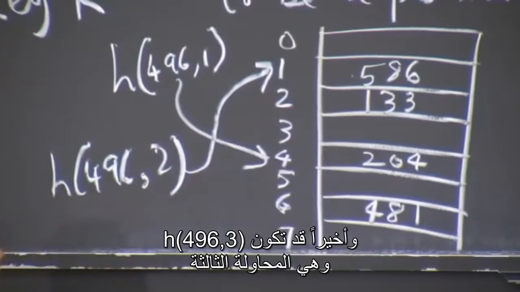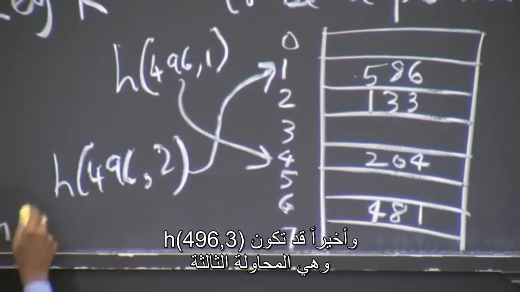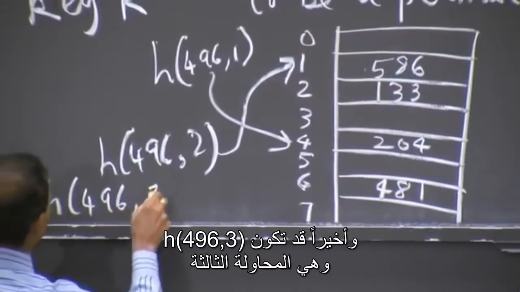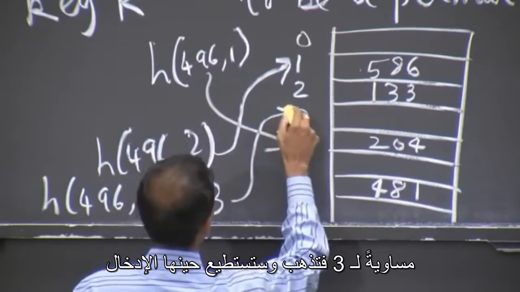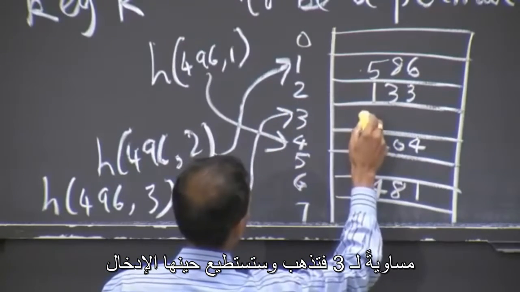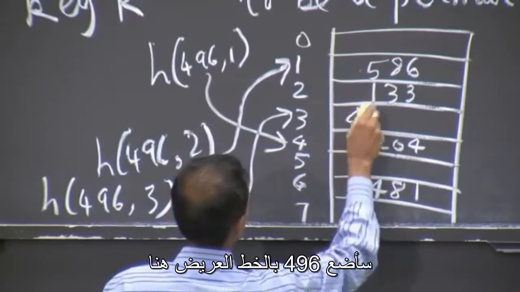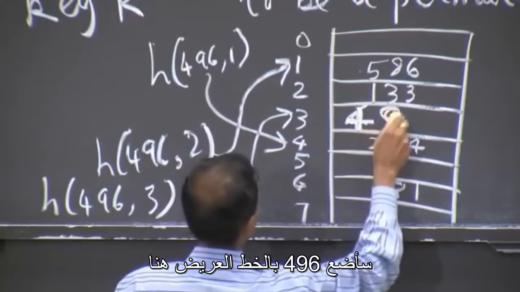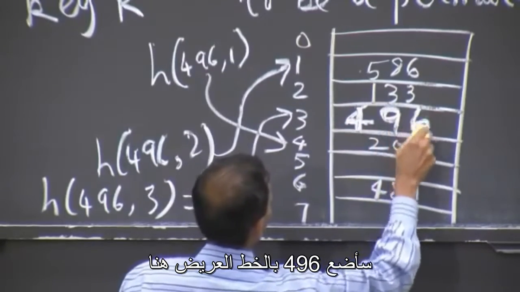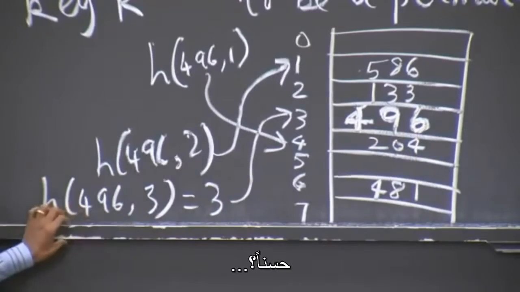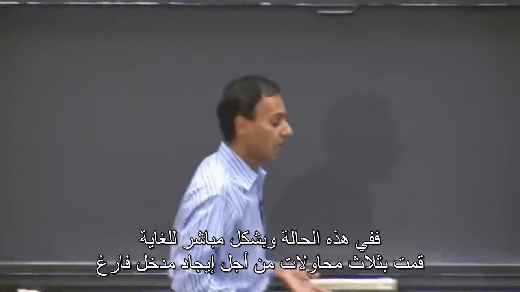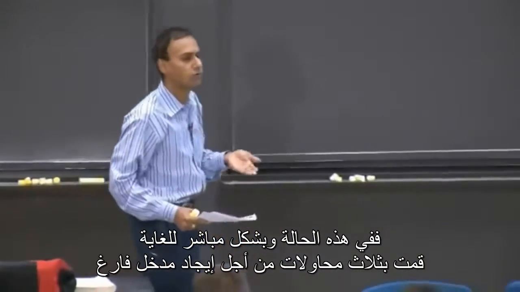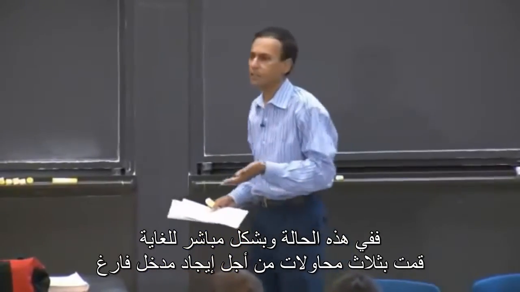And finally, it may be that h496 3, which is your third attempt, equals 3. So you go in and you say, great, I can insert 496, and let me write that in bold out there. So pretty straightforward. In this case, we've gone through 3 trials in order to find an empty slot.